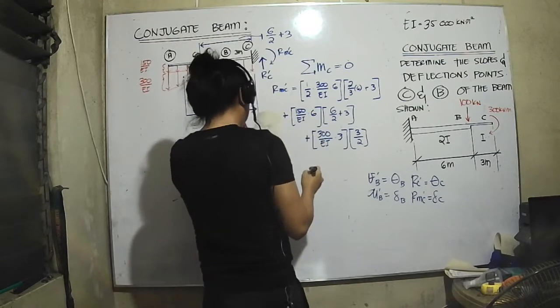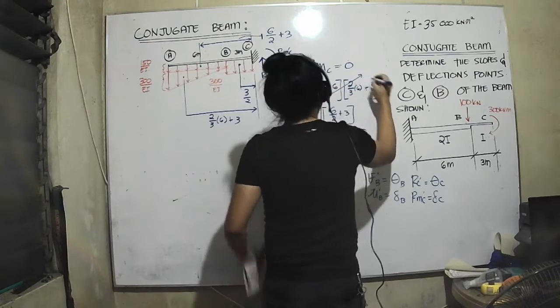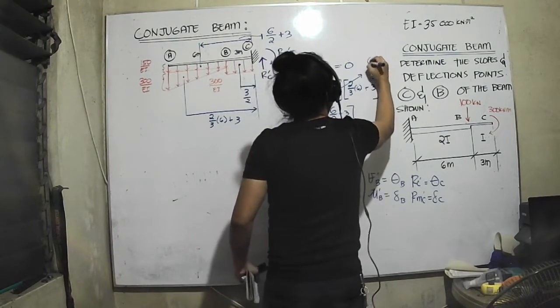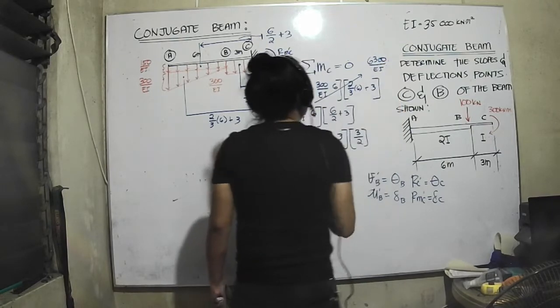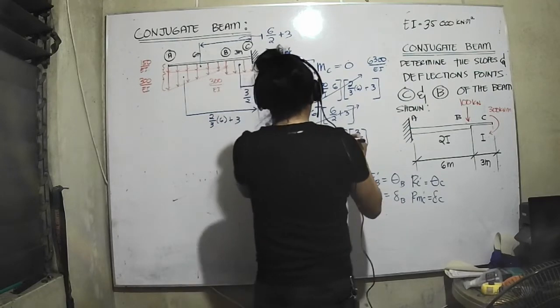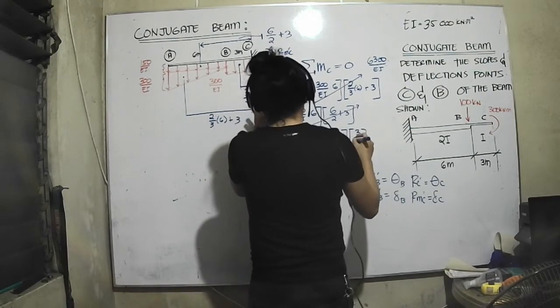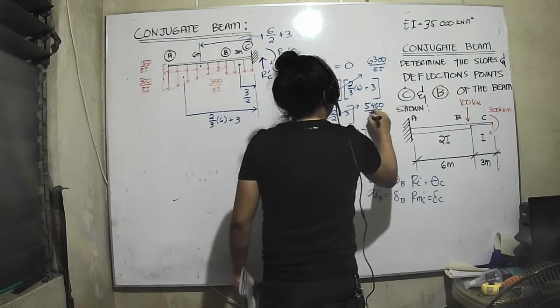This one is equal to 6,300 over EI. This one is equal to 5,400 over EI.